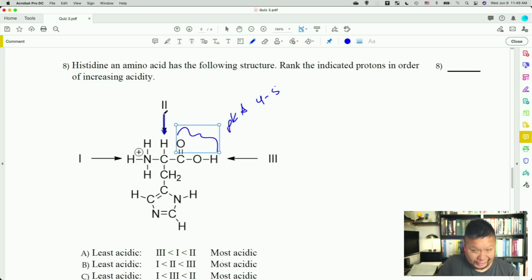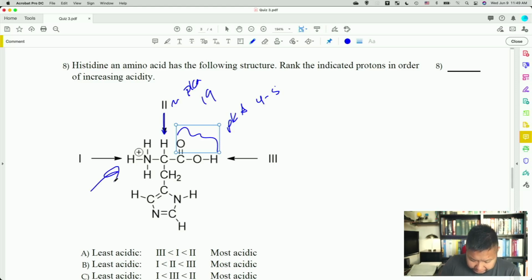It's got a pKa around 19, instead of down in the 38s, 40s, and 50s like the other ones. It's still an alkyl or alkane proton, so it's still a pretty strong base, very weak acid, but not as strong as the other ones that are more basic than it.